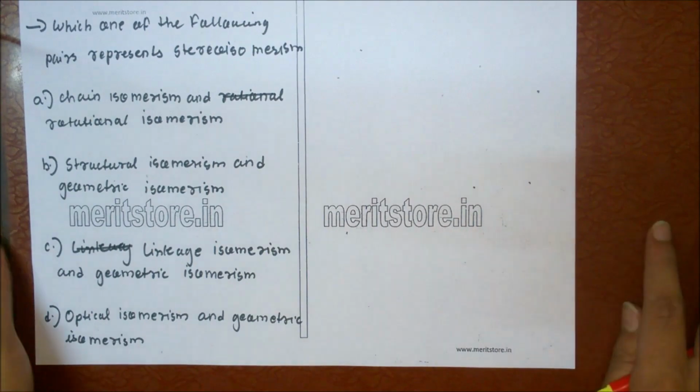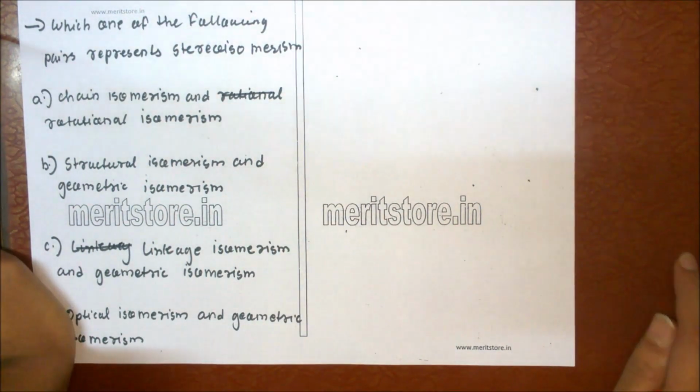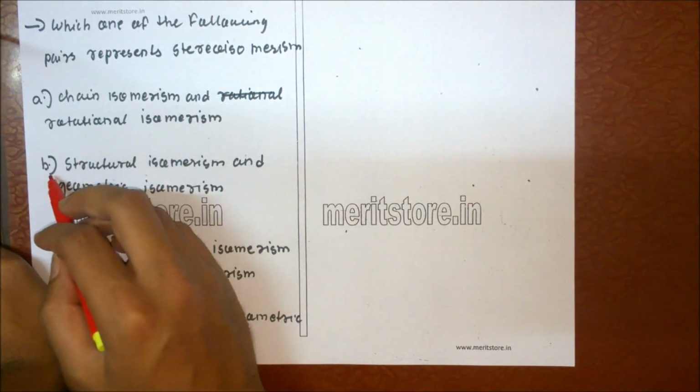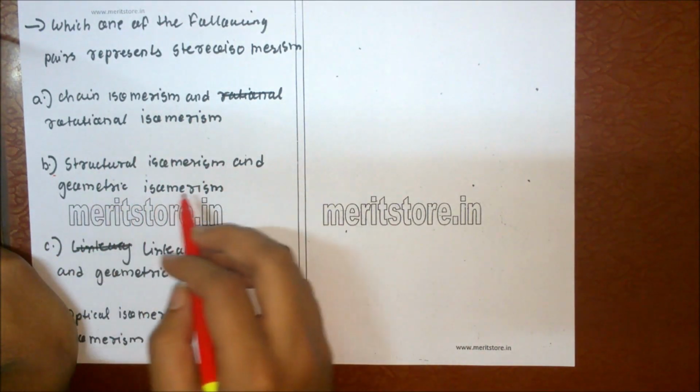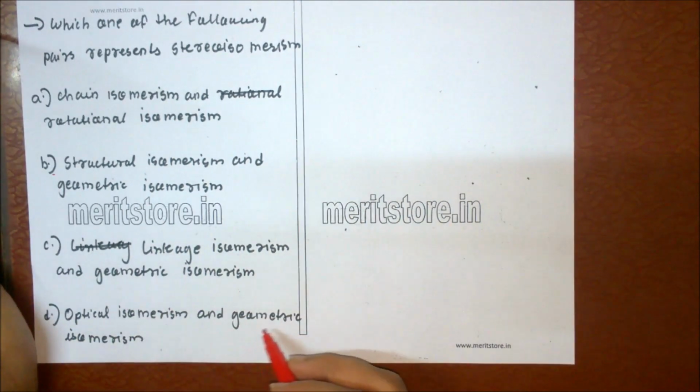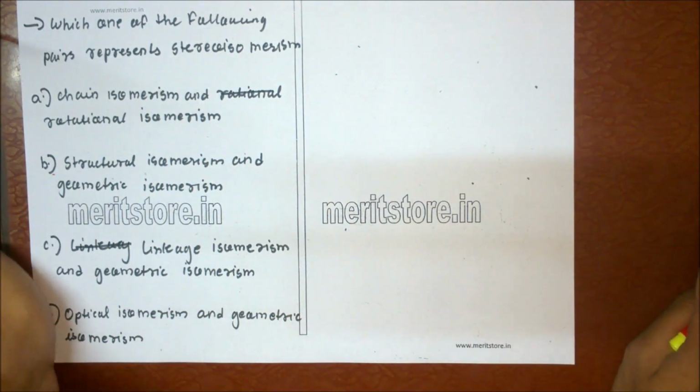Which of the following pairs represents stereoisomerism? A. Chain isomerism and rotational isomerism. B. Structural isomerism and geometrical. C. Linkage isomerism and geometric. D. Optical and geometric.